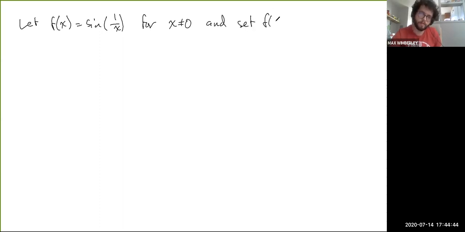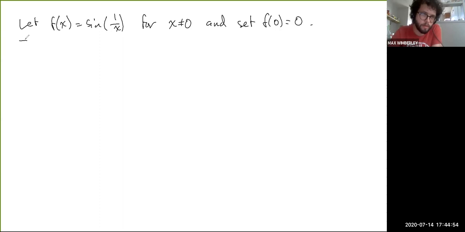So let f of x equal sine of 1 over x for x not equal to 0, and set f of 0 equal to 0. So we're defining f on all of R, okay?